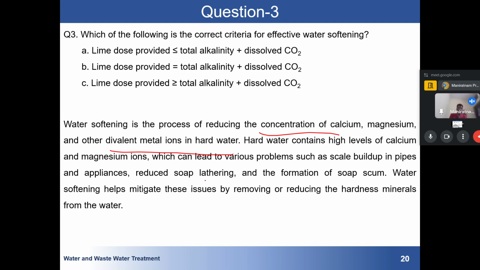Generally, due to the presence of calcium and multivalent ions, the soap used for bathing or washing won't form any kind of scum, which is not good for washing or bathing. So we have to make sure that a sufficient amount of scum is produced. How presence of calcium affects the formation of scum, you can watch in any YouTube video and you can know there.